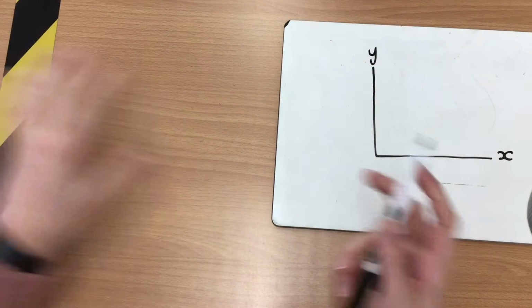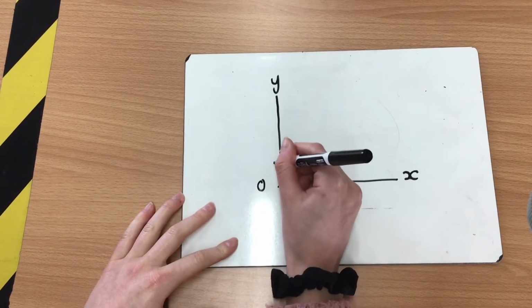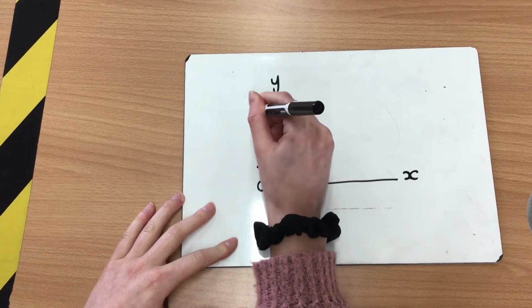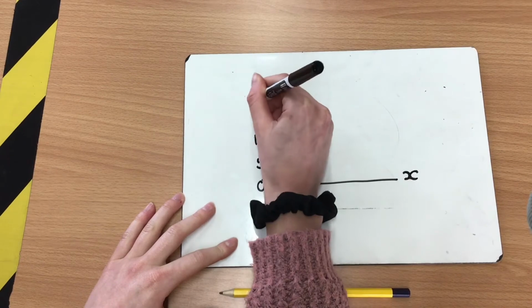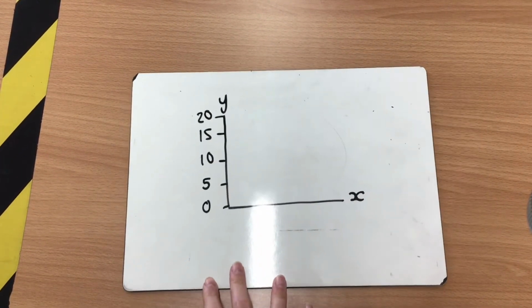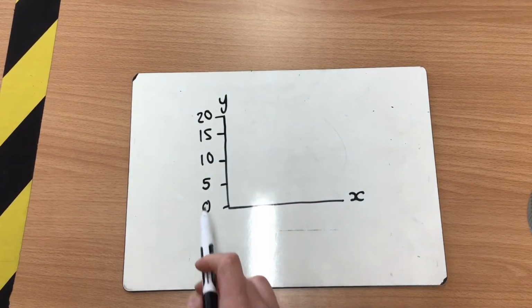For example, we could choose a scale of 5. We'd go 0, 5, 10, 15 and 20. So those are two tricks that you need to remember: we've got our x and our y axes and our scale.